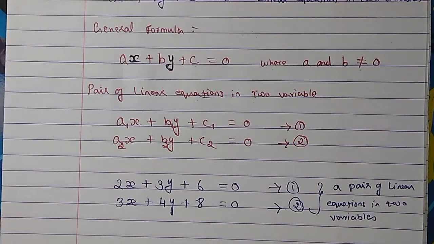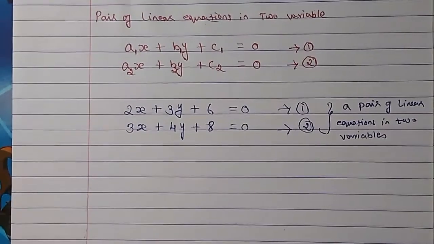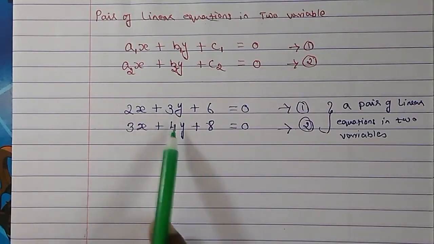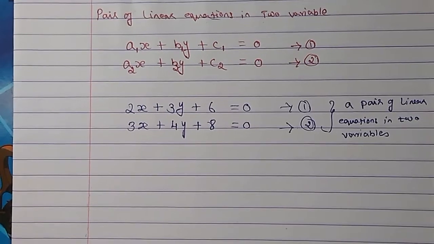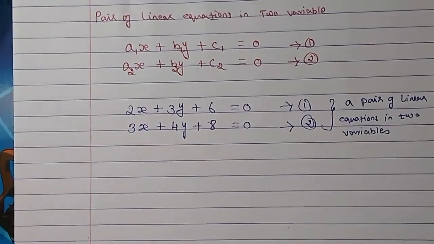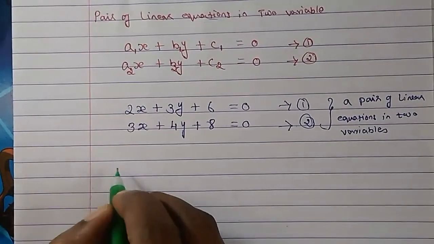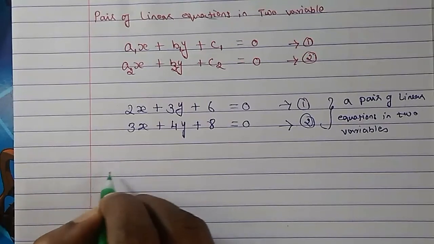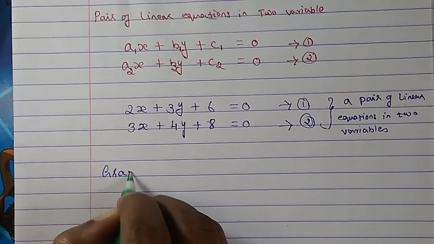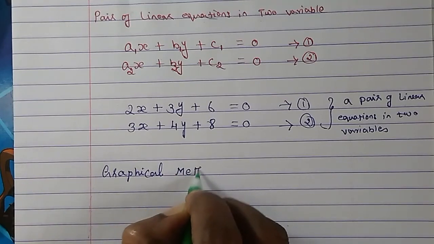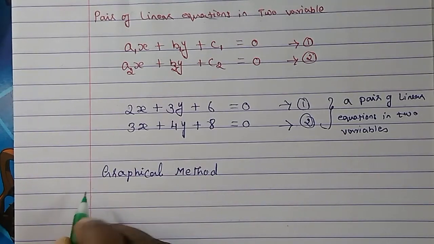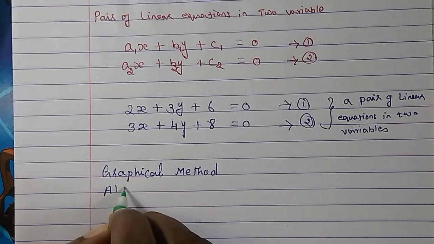Now there are two methods to solve these equations. This is a pair of linear equations, we have learned how to make it. But to solve these equations, there are two methods: algebraic method and graphical method. So graphical method we have and algebraic method we have.